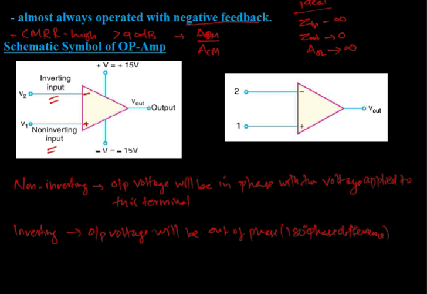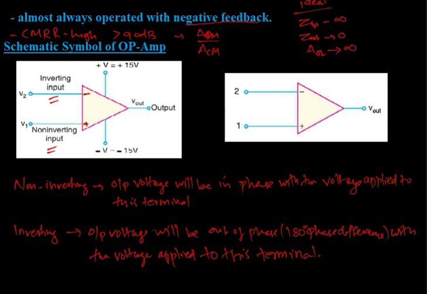That is, the output voltage will be out of phase with the voltage applied to this terminal. So those are the two input terminals of an operational amplifier.